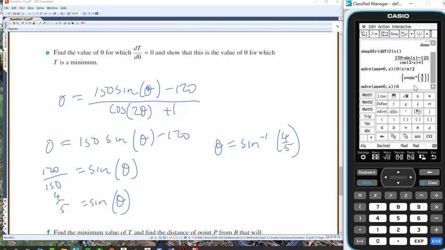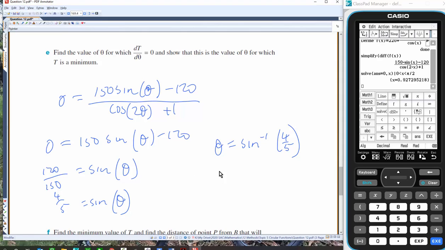So θ in radians is 0.92729 radians. We can get a degree measure on that.